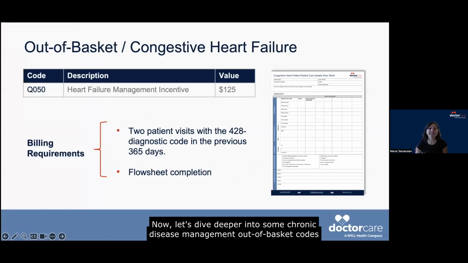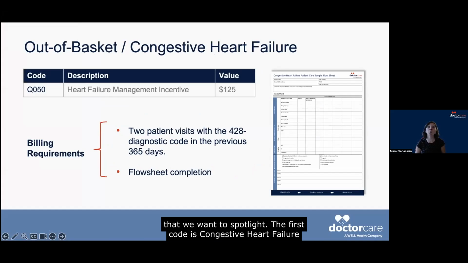Now, let's dive deeper into some chronic disease management out-of-basket codes that we want to spotlight. The first code is Congestive Heart Failure Management Incentive Fee Code, the Q050, that can be billed once per year for enrolled patients diagnosed with heart failure. The code may be submitted separately or in combination with other fee schedule codes for a rostered patient, and it can also be billed without a patient visit on the same service date.